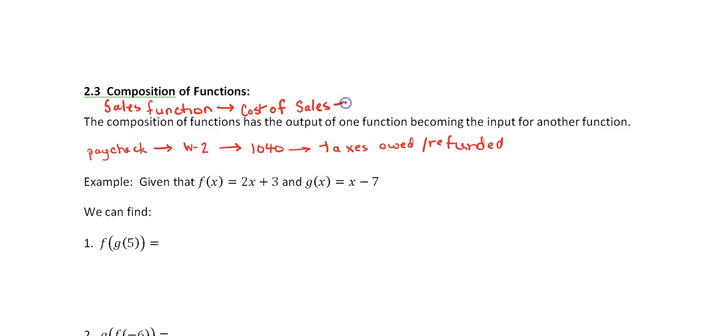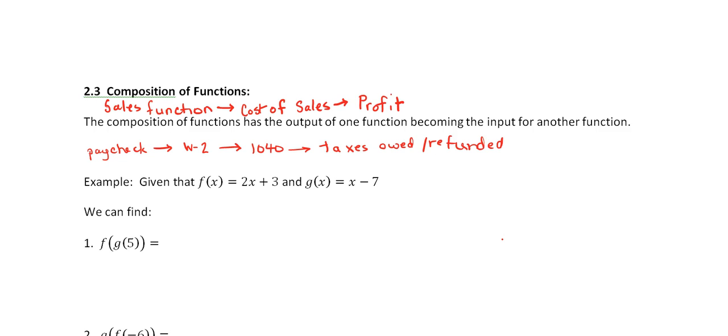And then between the sales function and the cost of sales, you have the profit, right? You find out what's left after you've got your sales revenue, and you subtract the cost of the sales. So, like I say, we use this all the time. We don't necessarily think of it in terms like this when we make it abstract like math, but we do use it all the time.